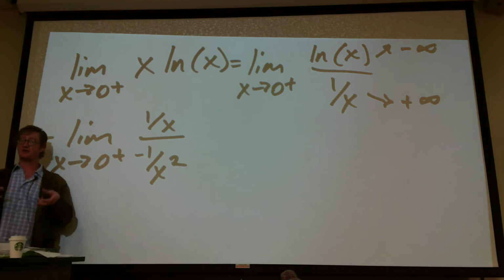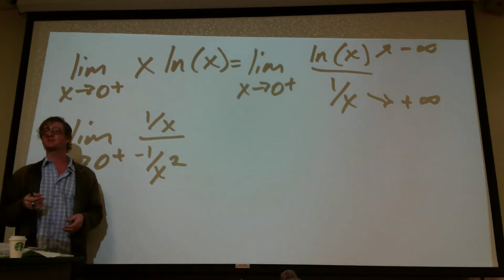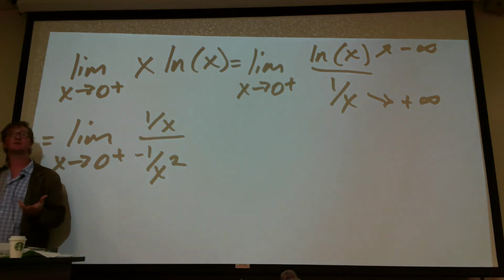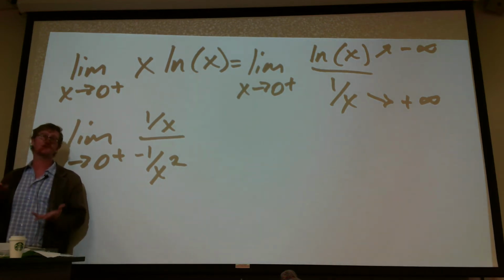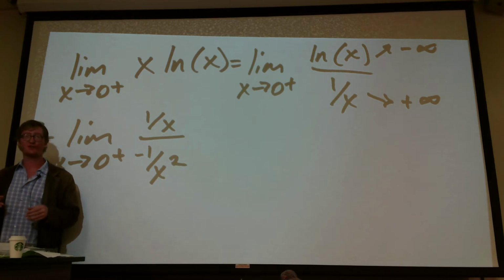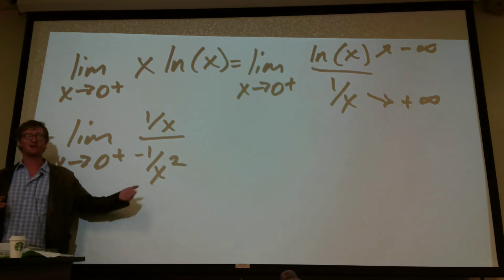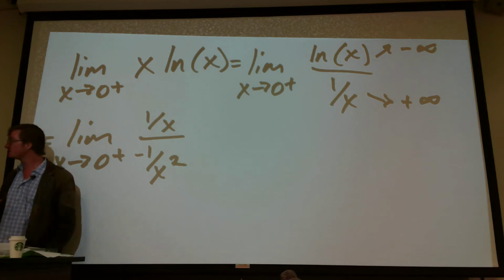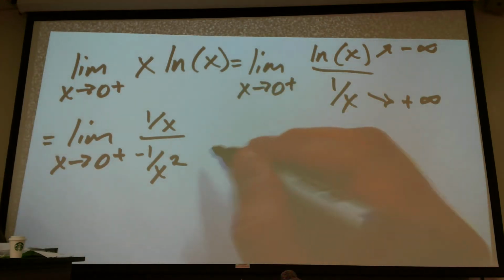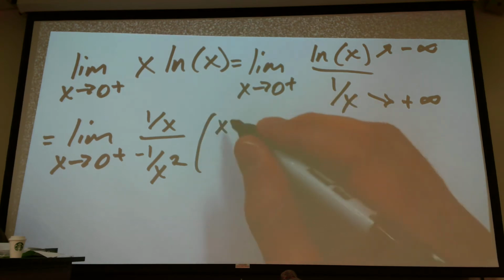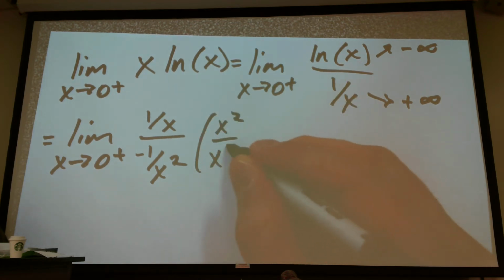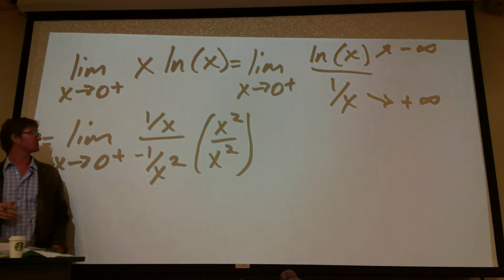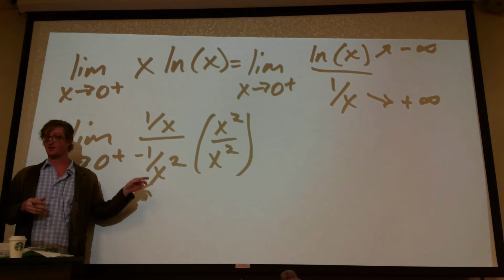Normally when I think about this problem, I just think about the bottom fraction flipping upside down. And that's perfectly fine if you want to think that way. But if you struggle a little bit with fractions, think that I need to get that x squared off of the bottom of this problem. So I'm going to multiply this by 1, just x squared divided by x squared, because this x squared is going to knock that guy off.